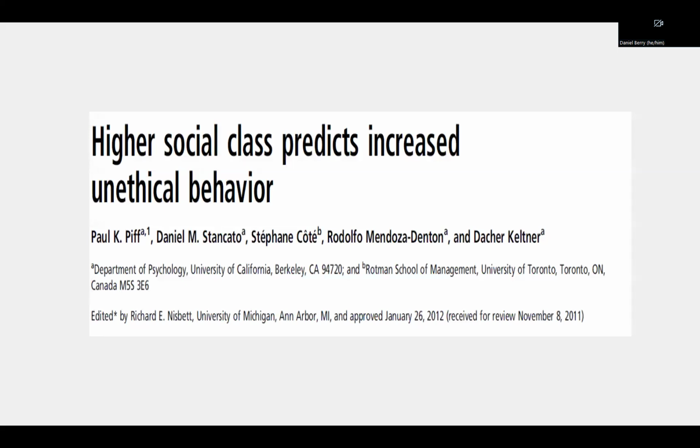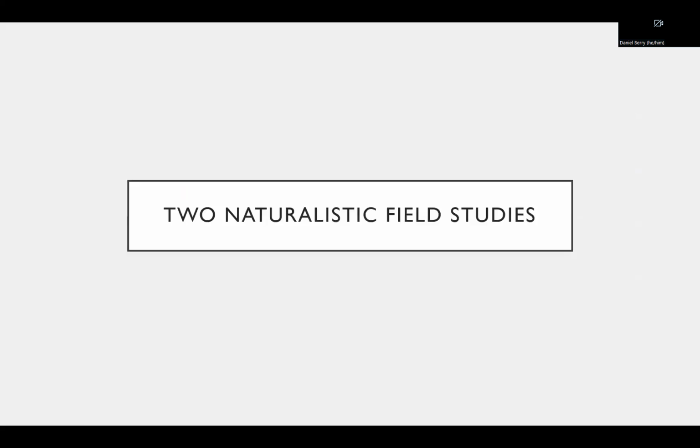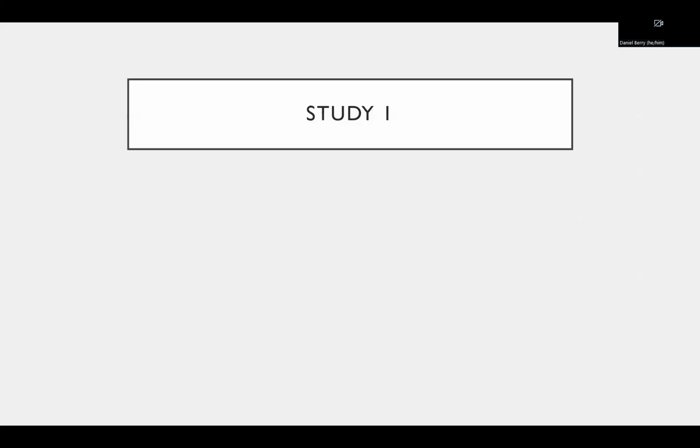And the paper that we're going to be reviewing in the lecture today is from Paul Piff. First, I want to talk about two naturalistic field studies that were done. This is probably going to be the most helpful for you because you're going to have to do a field study in this class. So let's look at study one. They had a conceptual definition that vehicles are reliable indicators of people's social rank.